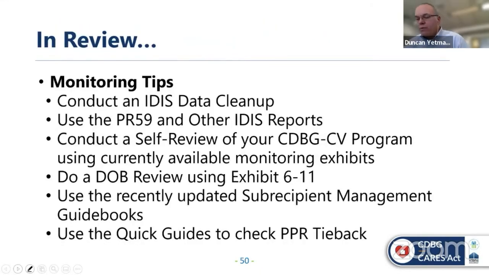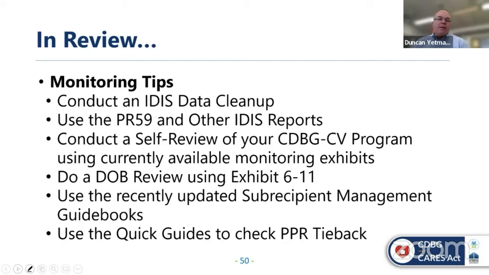So let me just review all those slides that had the light bulbs on them. Conduct that IDIS data cleanup. Use the PR59 and your other IDIS reports to do that cleanup. Conduct a self-review of your CDBG-CV program using the currently available monitoring exhibits. Do a DOB review using Exhibit 611, those questions within Exhibit 611 that address duplication of benefits.